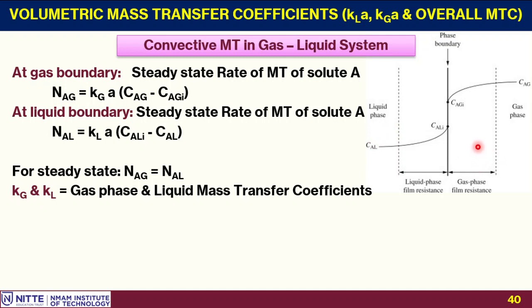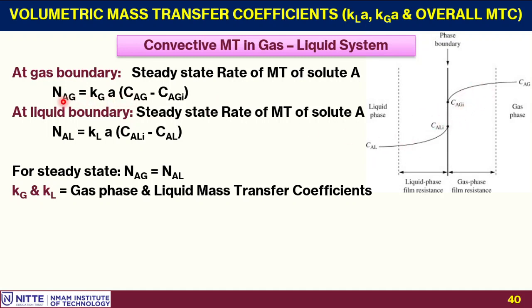It has to be noted that the same concept can be extended to other systems also, as I explained earlier. Since the mass transfer is taking place through convective mass transfer here, there are two phases, and this phenomenon is called convective mass transfer.